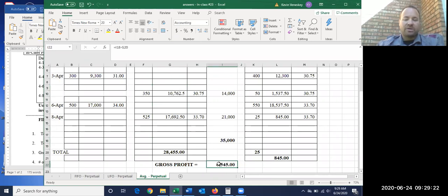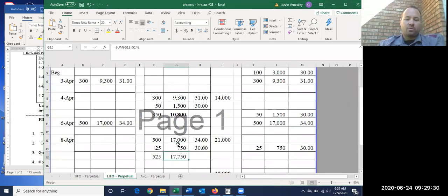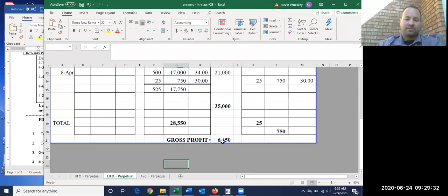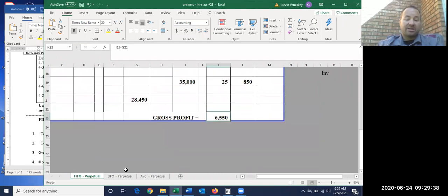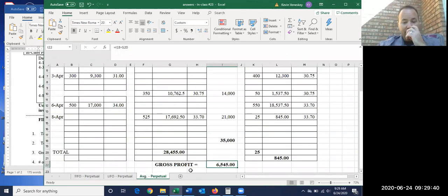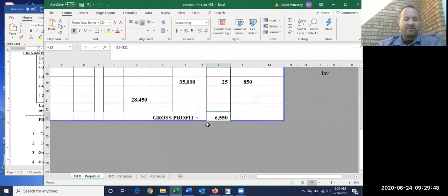These numbers are going to be real similar across because there wasn't a lot of fluctuation. So when I have 65.45, that was really close, within $100 of this guy. And then with the FIFO, I think it's really close to the FIFO. Yeah, we're only within $5 of the FIFO. FIFO was 65.50.